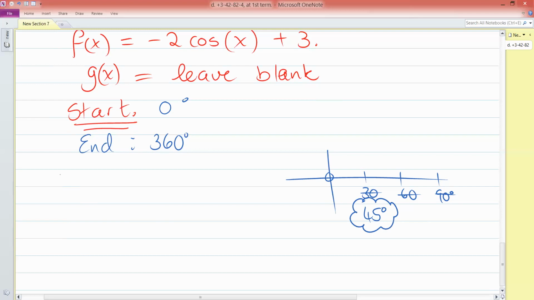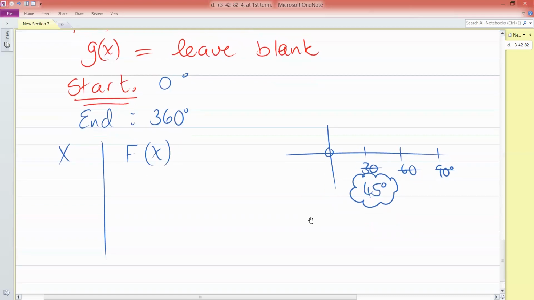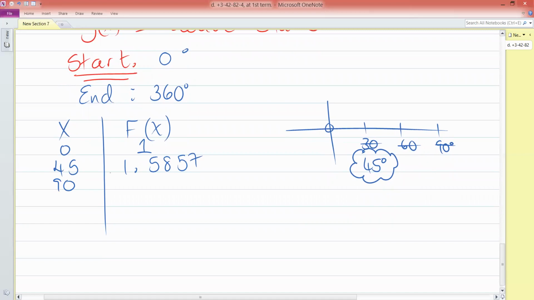Now you should have X values that it gives you, and then it's going to give you f of X values. The first one is 0 and 1. Second one is 45 and 1.5857. Tell me if I'm wrong, guys. 90 and 3. 135 and 4.4142. 180 and 5. 225.